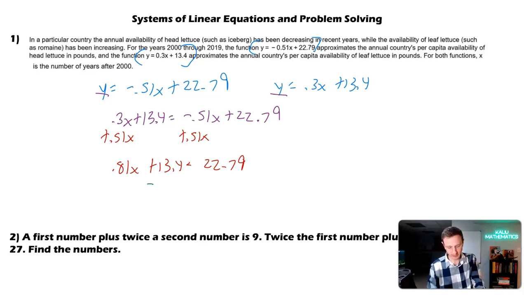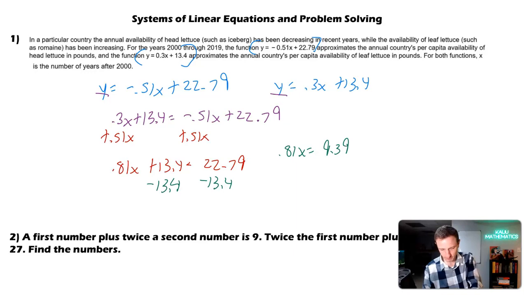Solve for x. I'm going to subtract 13.4. So I get 0.81x equals 22.79 minus 13.4, which is 9.39. Divide by 0.81, which is 11.59.